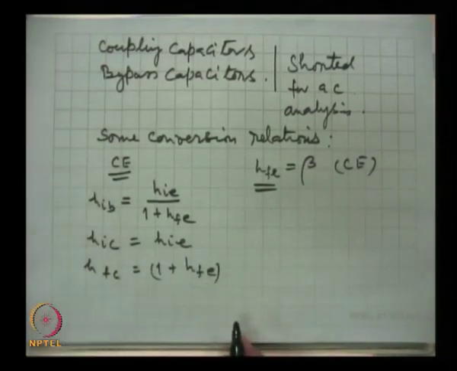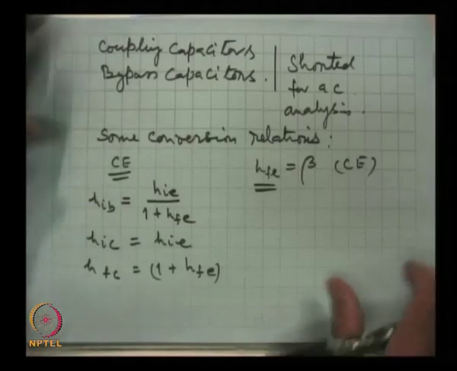This way actually all quantities have been calculated, and we can get H parameters for the common base circuit and common collector circuit by using the H parameters of the common emitter. Now, I give you the typical values of the H parameters in 3 configurations.